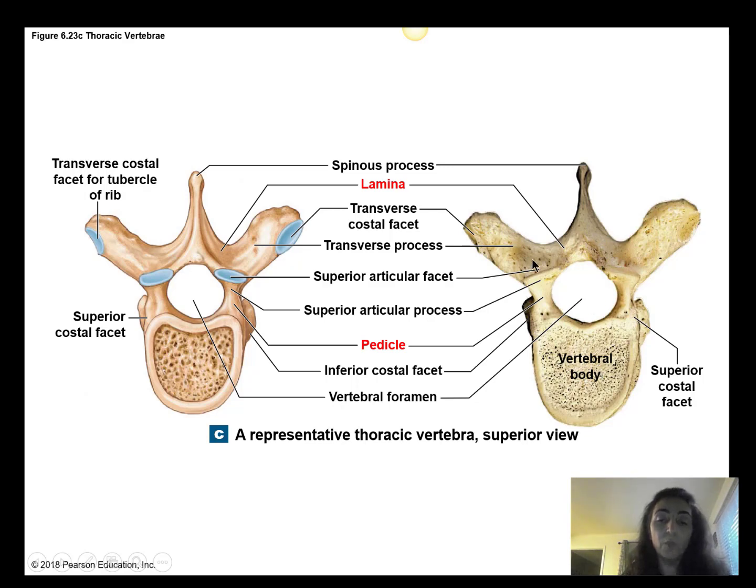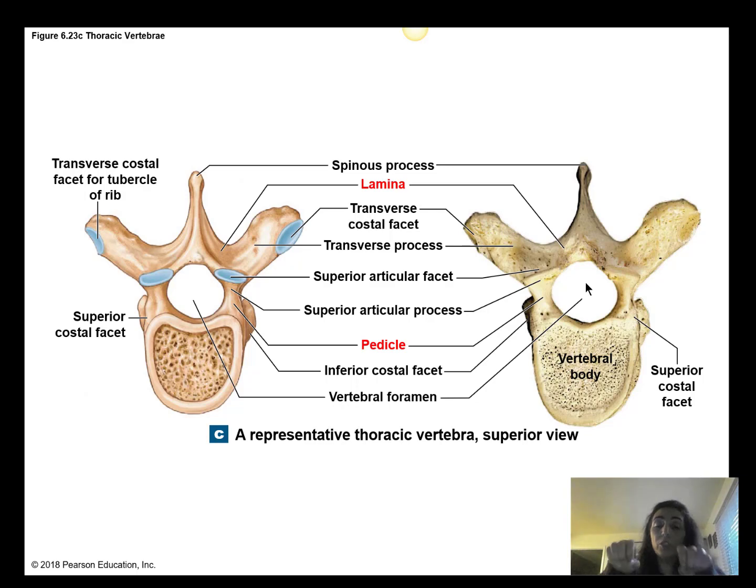So all of these, this arch here, the vertebral arch, and the body together make a foramen here that we simply call the vertebral foramen, right? That is the place that, when we put them all together, one after another, they make a canal, the vertebral canal.